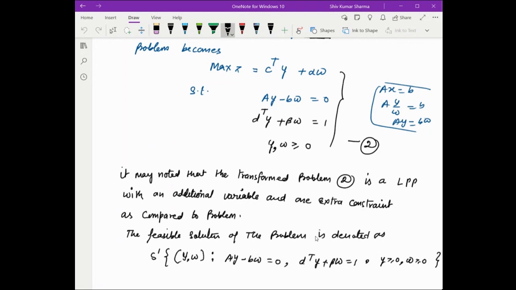So we take one problem. Did you all note this?